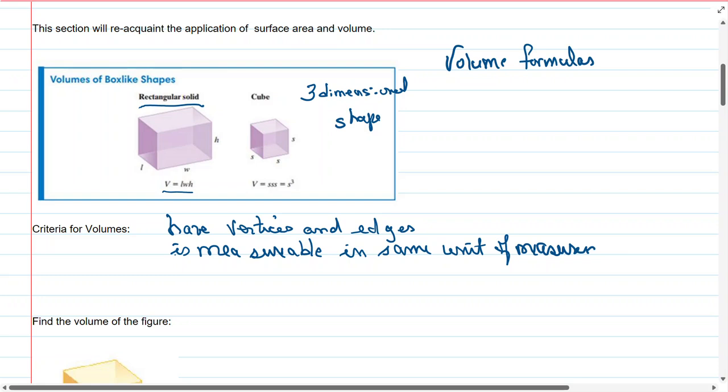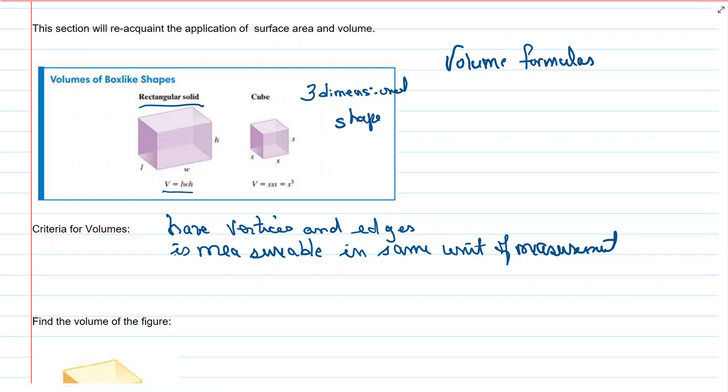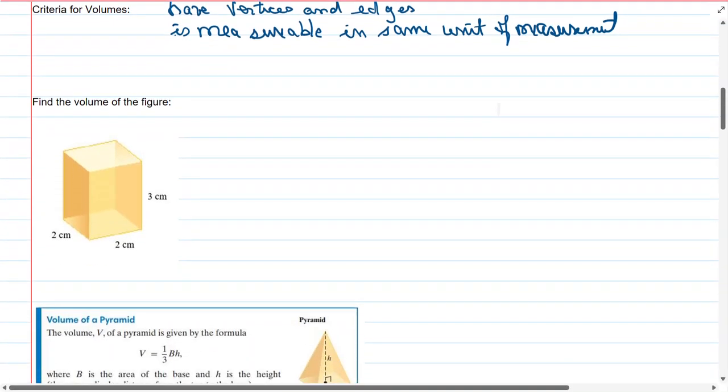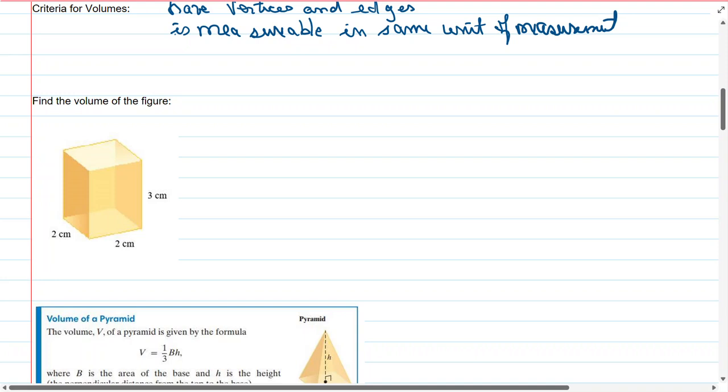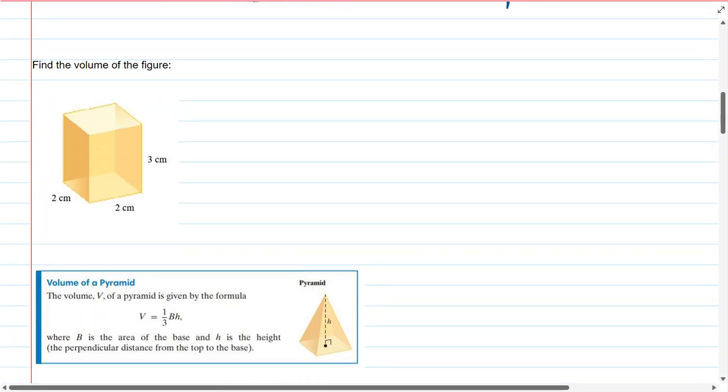Now, don't get me wrong, we also have a sphere, which is a circle, and a cylinder. But all of them are contained in a shape with some form of edges and vertices in what we'll study in this shape. We're going to find the volume of this figure.